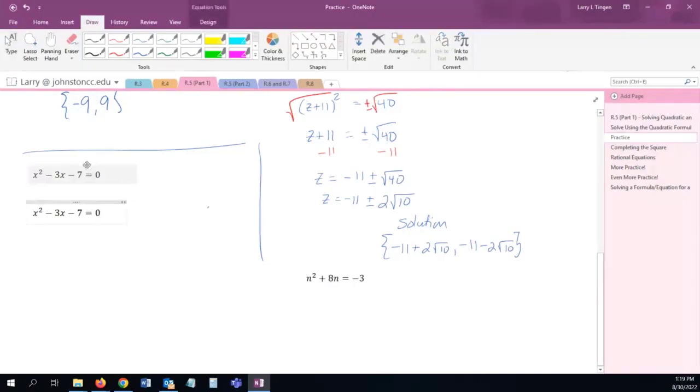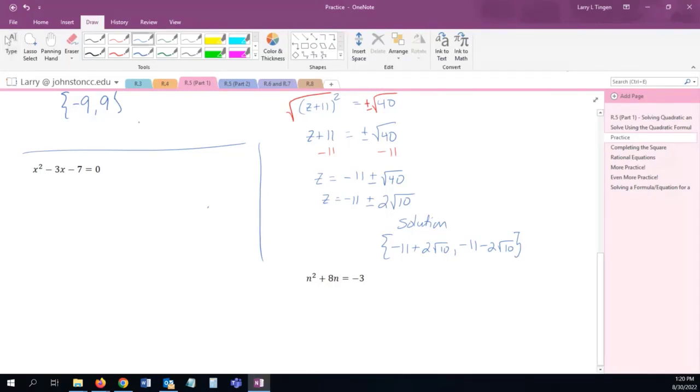Does this factor? So I need two numbers that multiply to negative 7 and add to negative 3. Remember, we're only interested in integers here. I don't want fractions or any of that mess. So multiply to 7. Don't worry about the sign for a second. There's only one way to multiply to 7, and that's 7 times 1. So is there any way where I can manipulate 7 and 1 with signs, 7 plus 1, 7 minus 1, negative 7 plus 1, so that it equals negative 3? There's no way to make that equal negative 3, right?